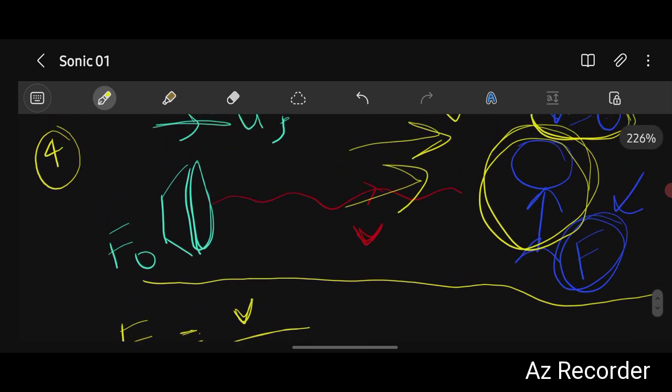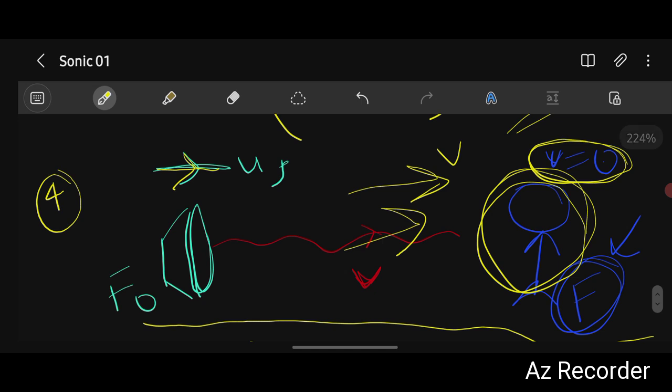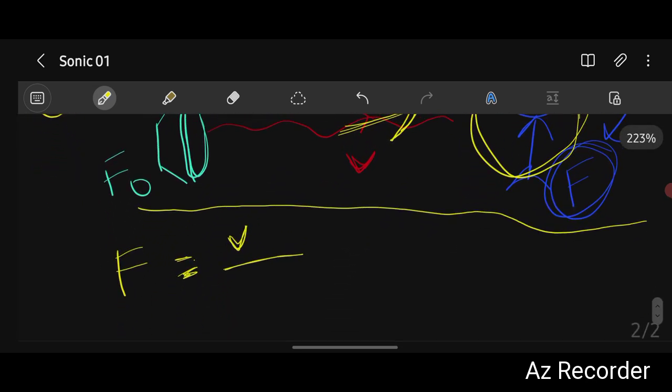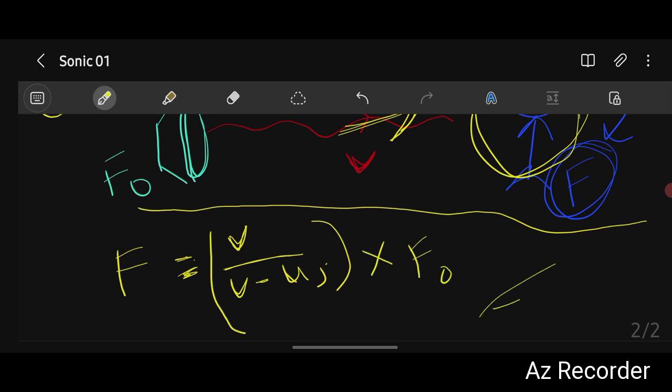Then we take the velocity of the source relative to the air. The air is towards this direction and the source is towards the same direction, therefore we subtract, then multiply by f naught. So this is the apparent frequency when the observer is stationary and the source moves towards the observer.